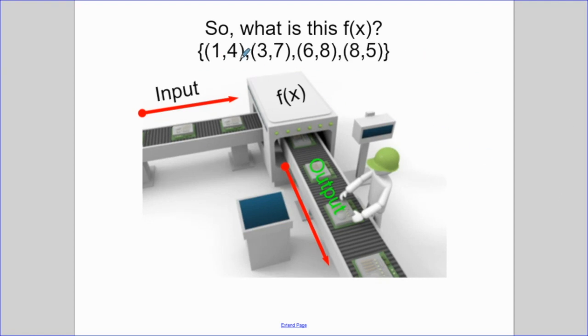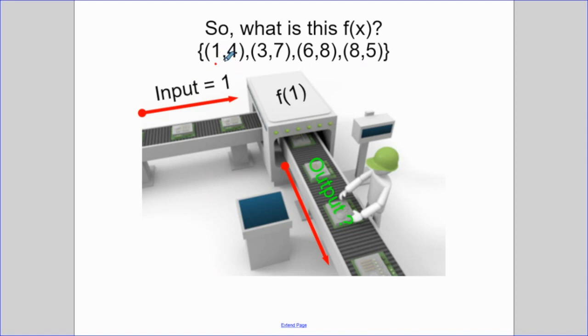Here we have a set of ordered pairs. Let's do this example. If our function is a set of ordered pairs, let's look at if our input is 1. We know our input is our x value. So here we have 1 as our input.